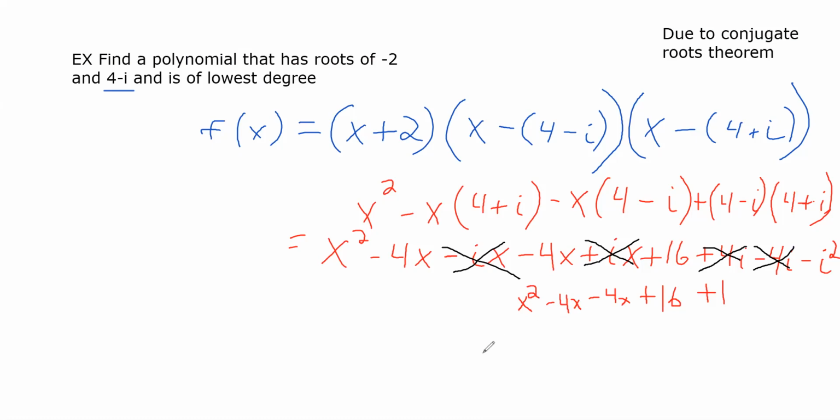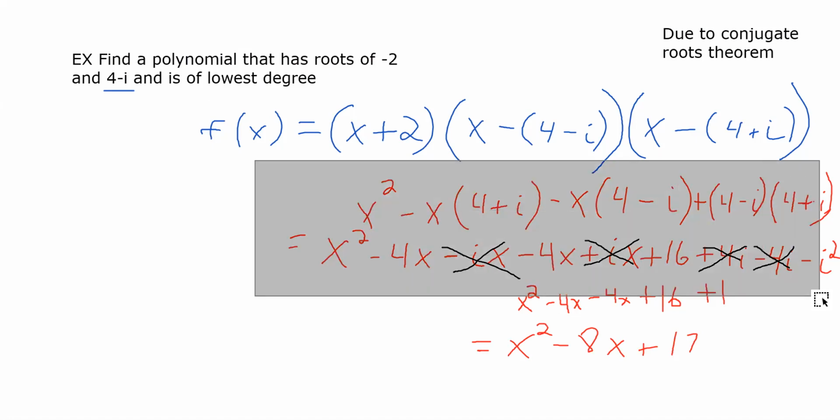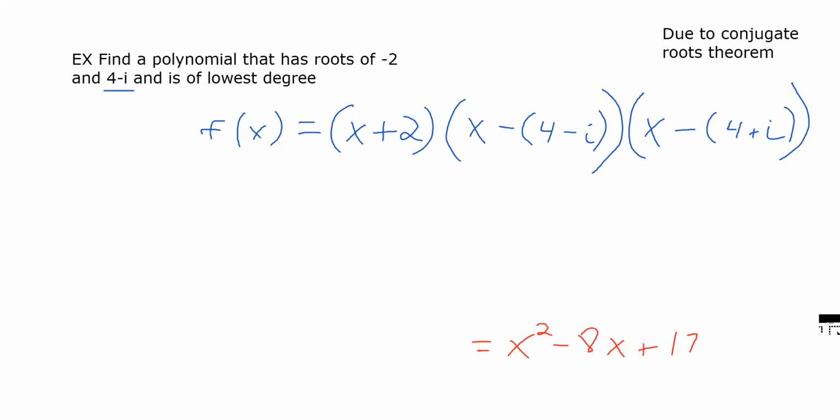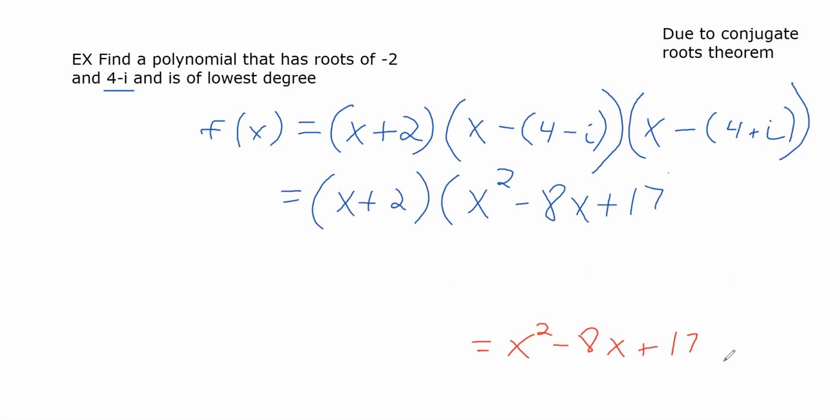Now we just have to combine like terms here: x squared minus 8x plus 17, 16 plus 1. So altogether, this polynomial is going to become x plus 2 times x squared minus 8x plus 17.